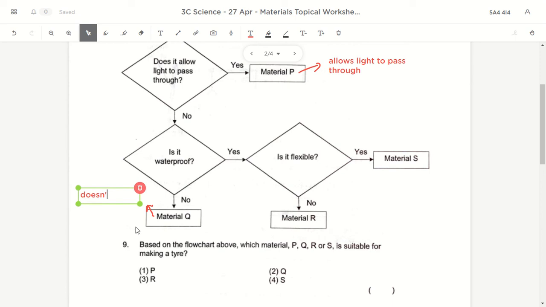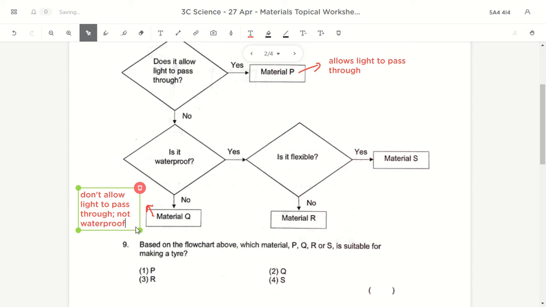Just write don't, easier. Don't allow light to pass through. And on top of that, it is also not waterproof, because it's no to waterproof.